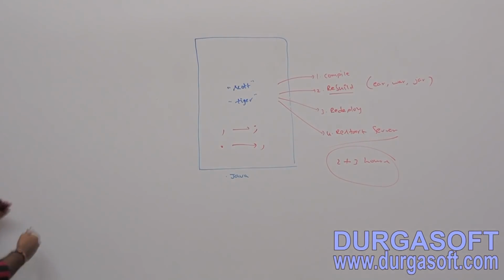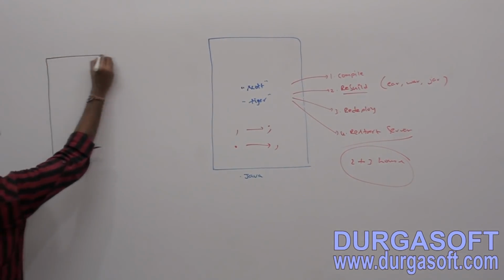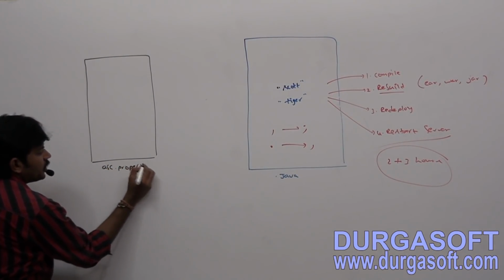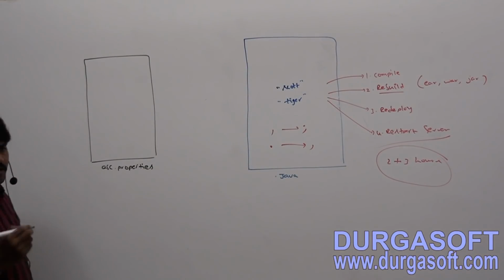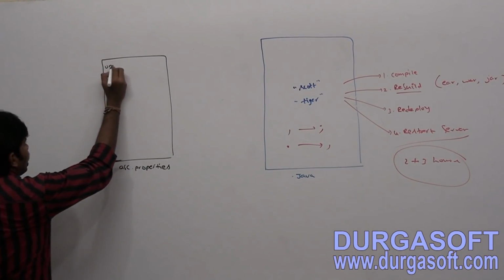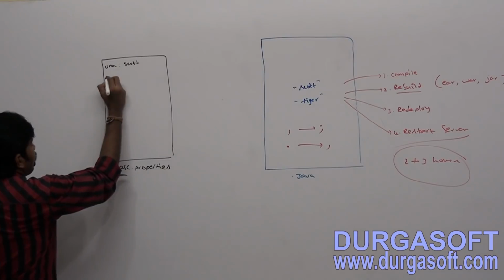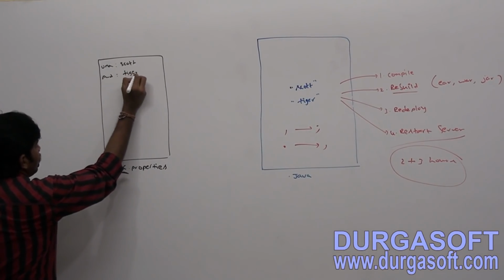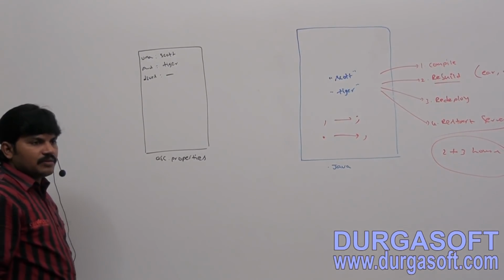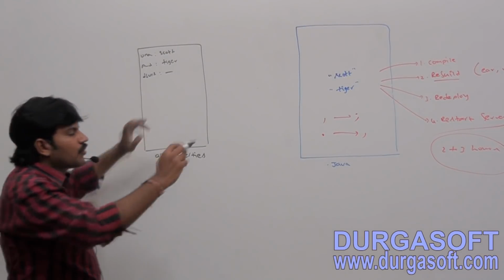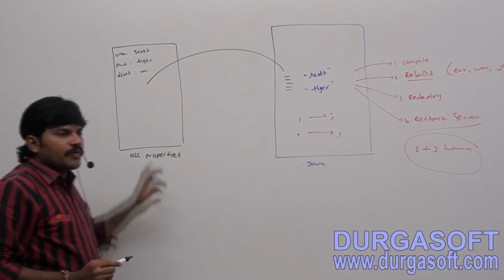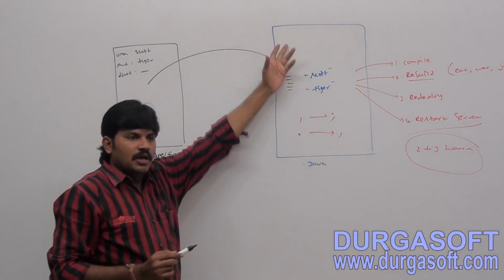Say abc.properties, assume db.properties or log4j.properties. In the properties file we configure the username as Scott, the password as Tiger, the DB URL as so and so. Then from the Java program, read these values and use them in our program.